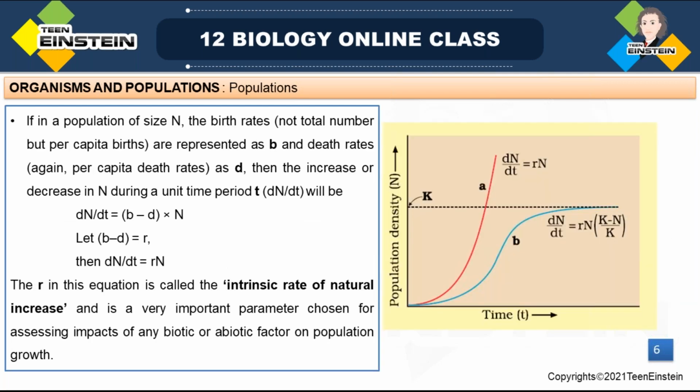So here we can say, in a population of size N, the birth rate, the total number, but per capita births, that means related to each individual.